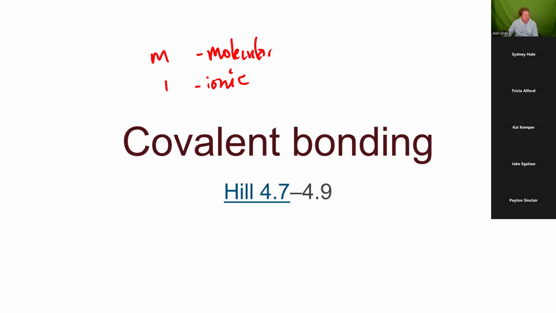Add to the chat which type of compound uses prefixes, prefixes like mono, di, tri. Put an M for molecular or an I for ionic. Add that to the chat. An example would be something like carbon dioxide.